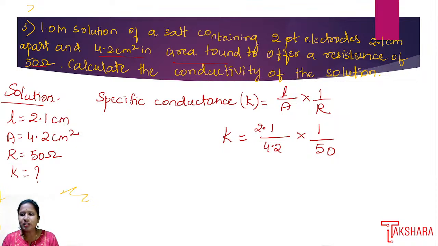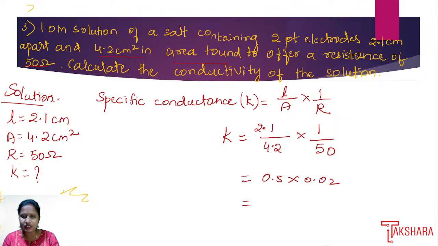Now if we solve this, 2.1 divided by 4.2 is 0.5, into 1 divided by 50, which is 0.02. Now you just multiply 0.5 into 0.02 is equals to 0.01.